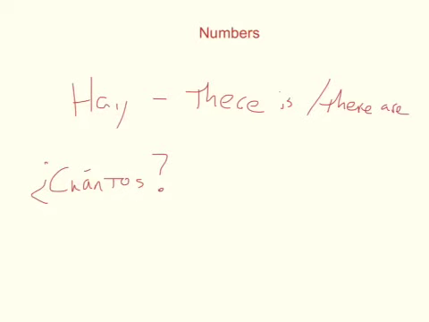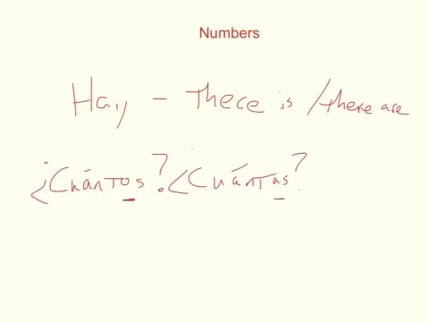You have cuantos, you have cuantas as well. So remember that nouns have genders, masculine or feminine, and then you also have to keep in mind whether there's one or more than one. And so here, this is if you're talking about more than one thing that's masculine. This is if you're talking about more than one thing that's feminine.